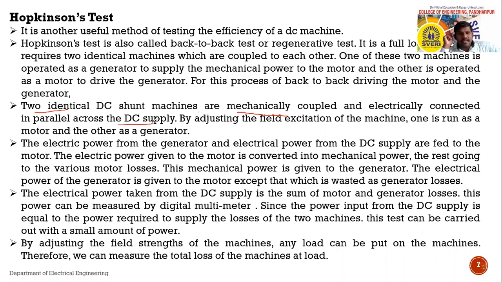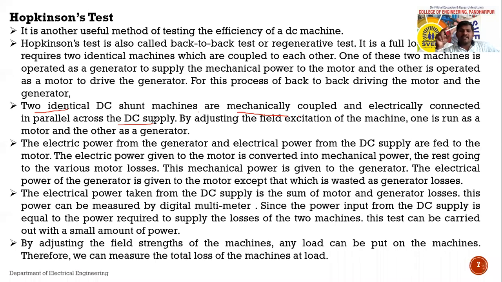There is mechanical coupling, and these are electrically connected in parallel across the DC supply line. Okay, there is an electrical connection also, but it can be connected in parallel, and it is mechanically coupled.